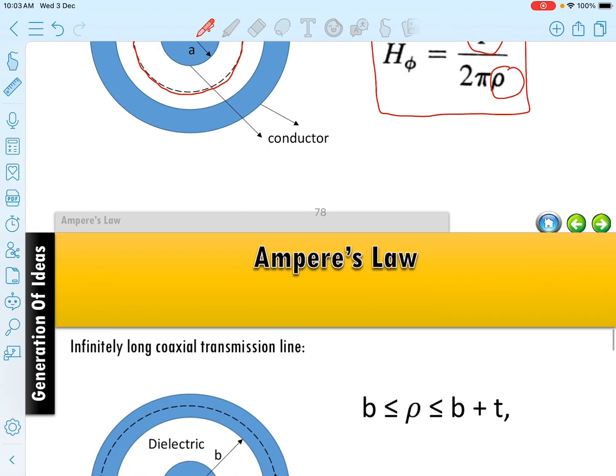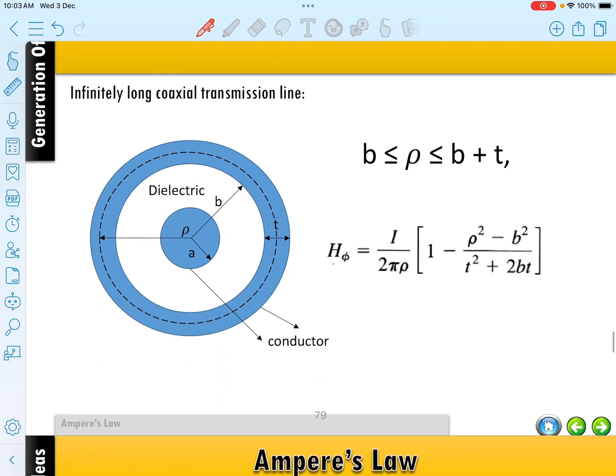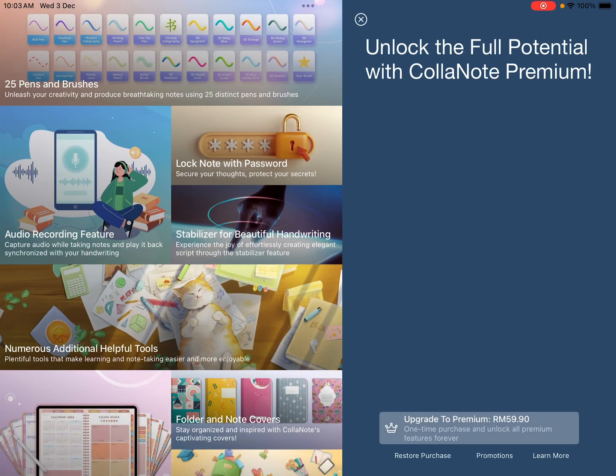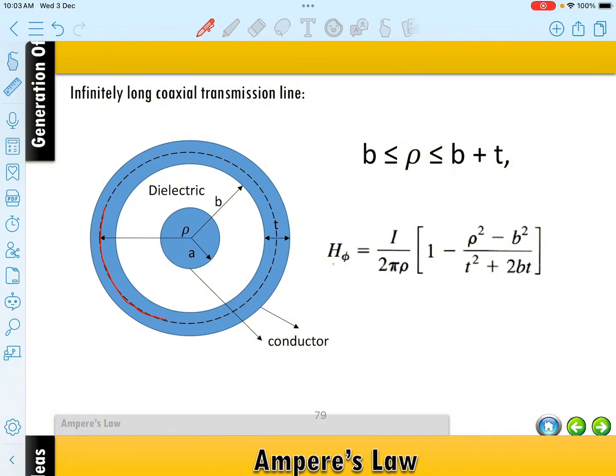Next we move on to the region in between b and b plus t, which is this region. The formula is a little bit complicated. You have the current I, the radius rho at which you want to know the magnetic field, b is the outer radius, and t is the thickness.